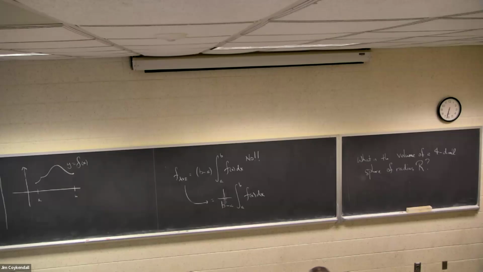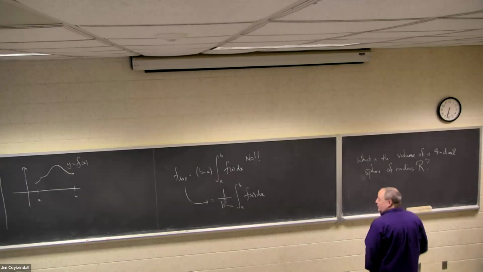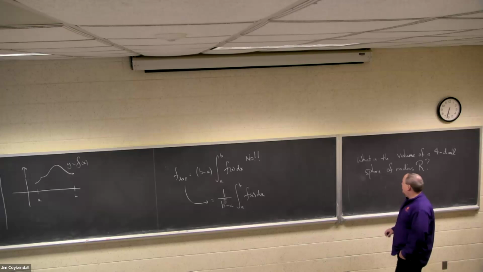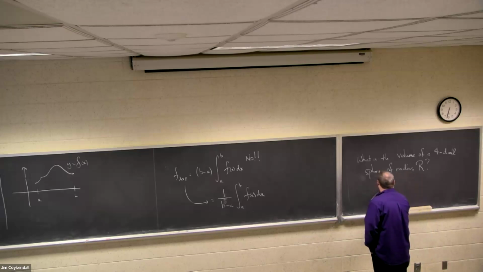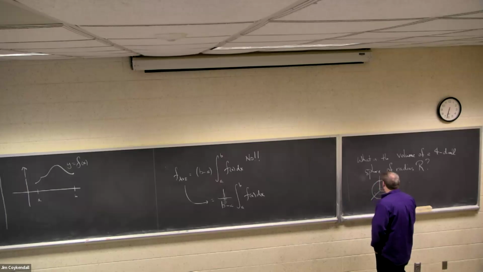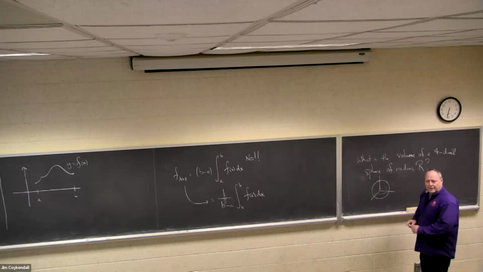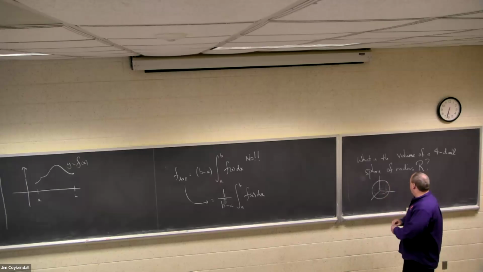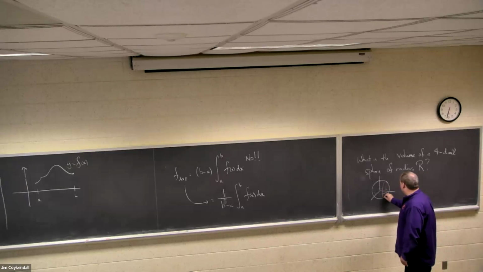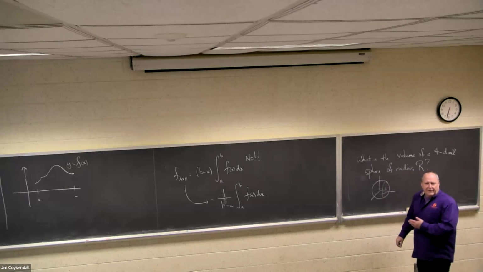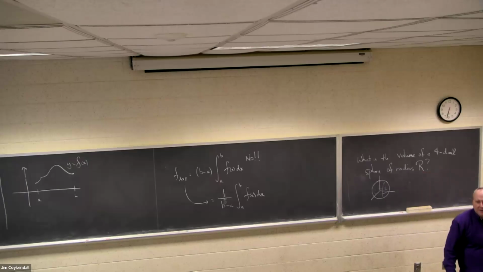Just for giggles, go home and do this problem. It's fun, and I'll tell you what the answer should be. How do you do it in three dimensions? You slice down, say, the x-axis, and every cross section is a circle.